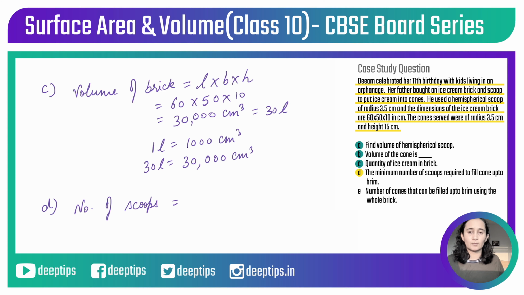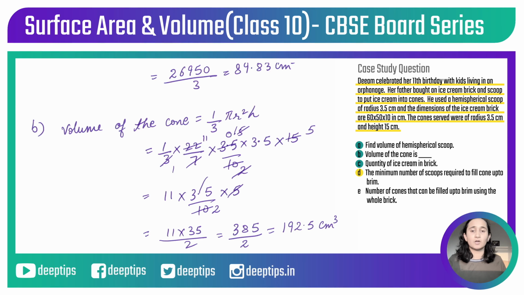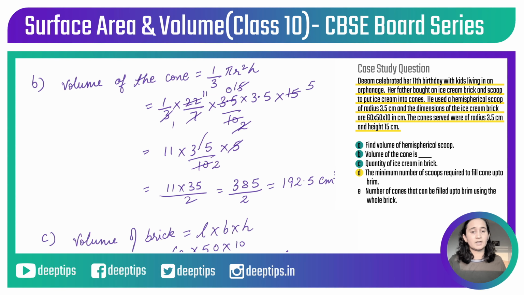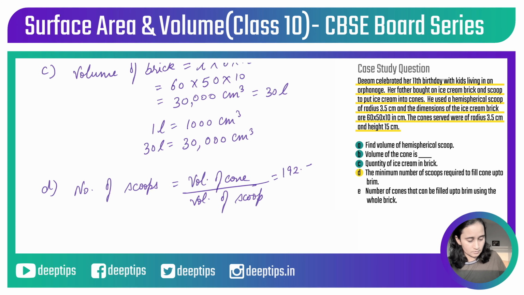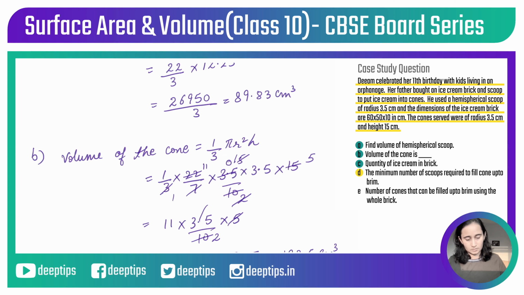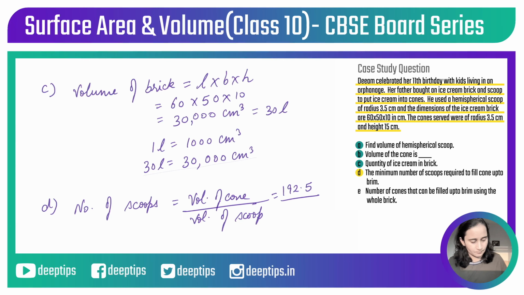We have already calculated the volume of cone and volume of scoop. Let's check what is the volume of cone. Volume of the cone is 192.5. So let's substitute the values here. 192.5 centimeter cube, and volume of scoop was our first part, and it is 89.83 centimeter cube.